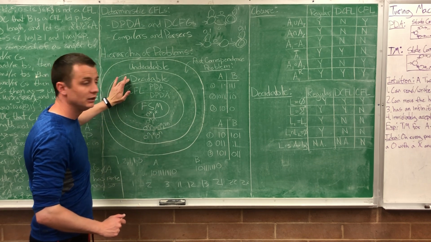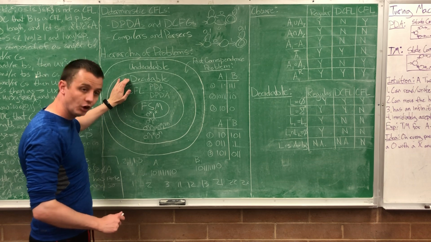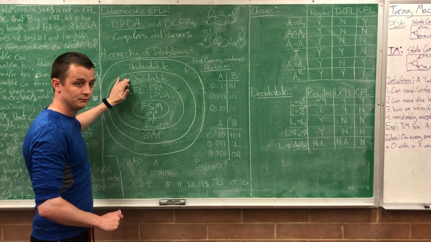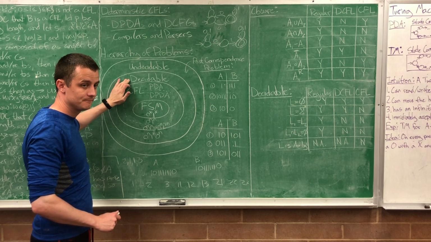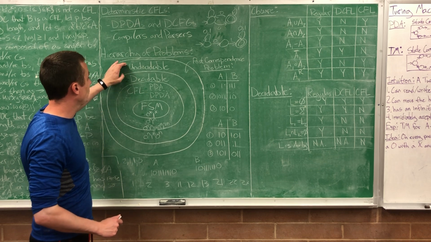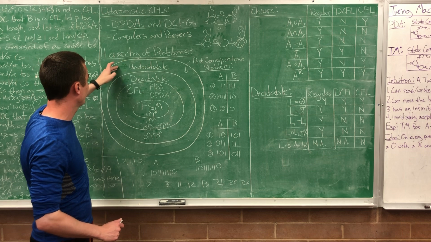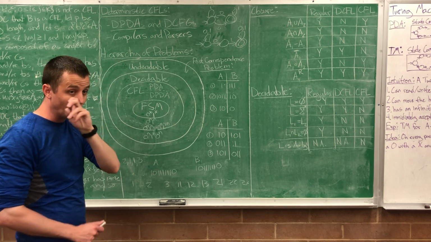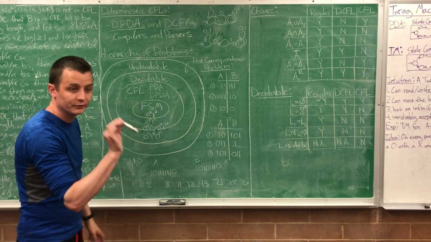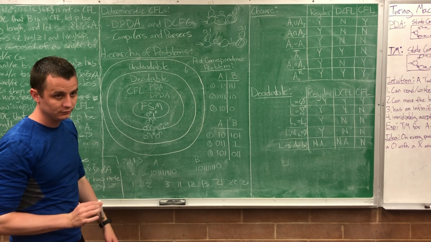Being able to decide it means to be able to answer yes when it's yes and no when it's no. Does that make sense? There's a subclass of undecidable problems, which we call Turing recognizable, where it's able to say yes when it's yes, when it can at least do that.